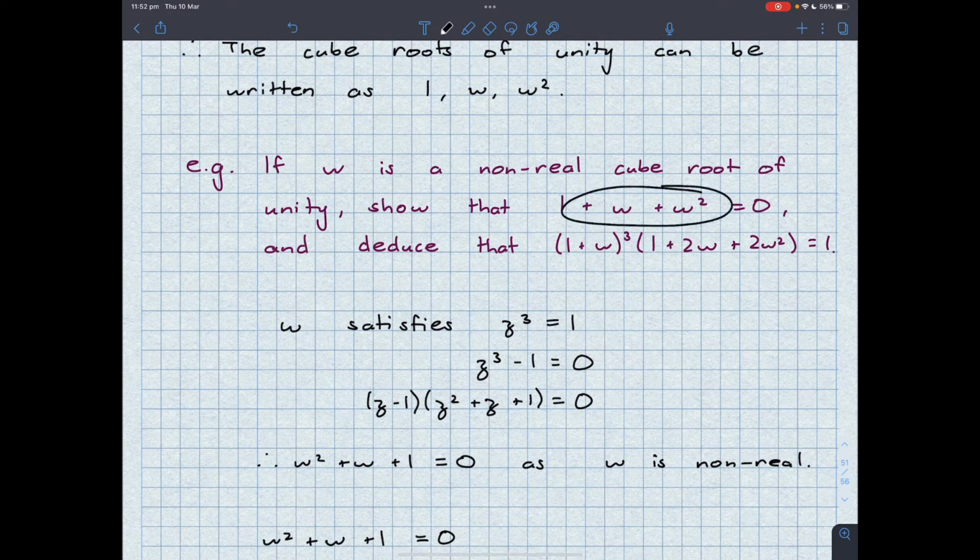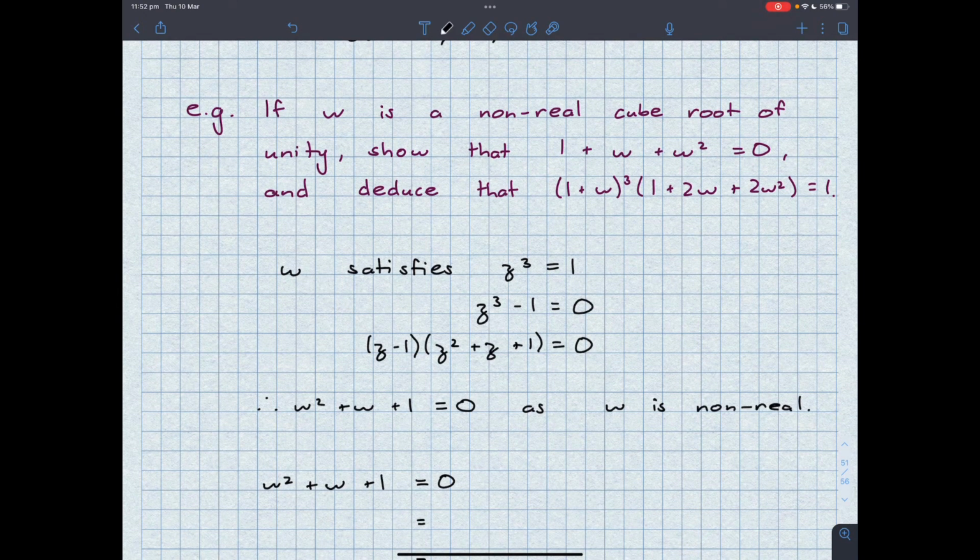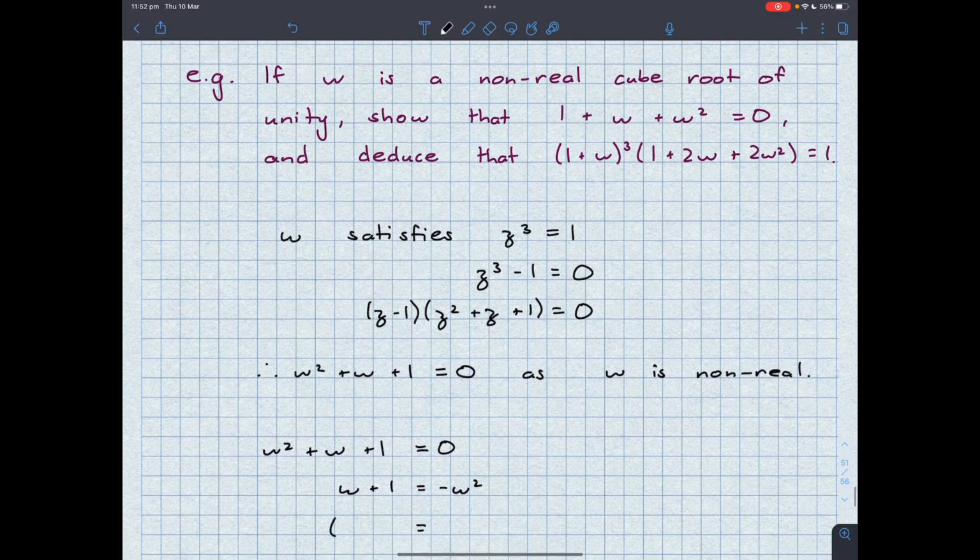So I'm going to try and turn this into this bracket, and hopefully the rest will just work out. So I've got w plus 1 in the first part of my expression here. So I'm going to leave w plus 1 on the left and take w squared to the other side. I've got 1 plus w cubed, so I'm going to cube this.